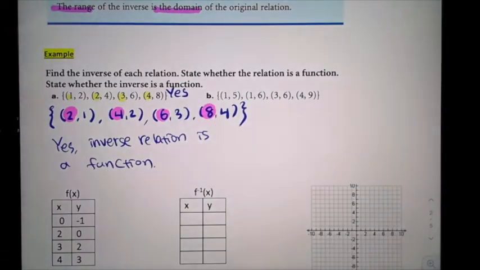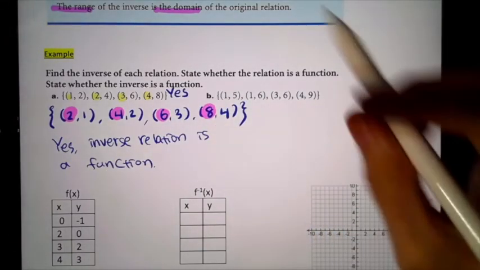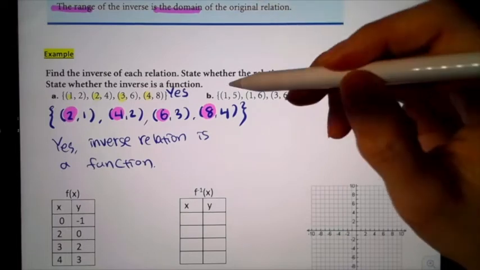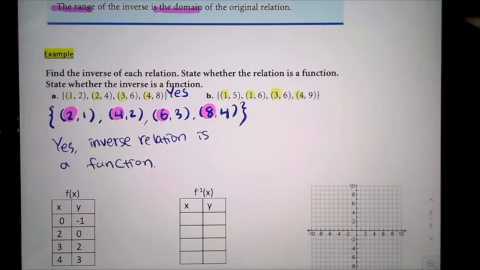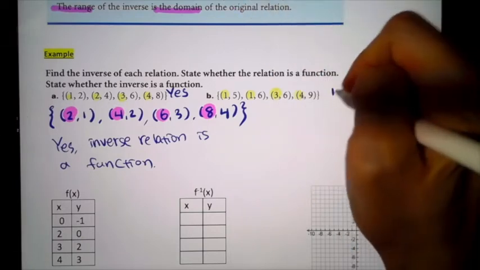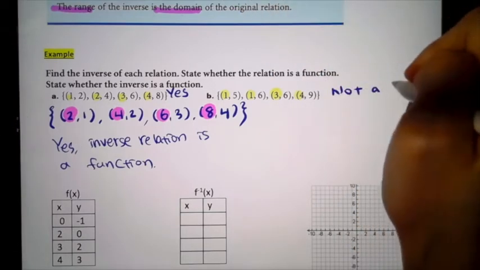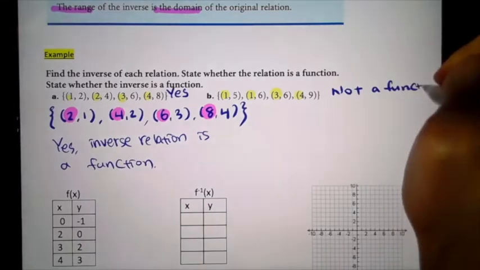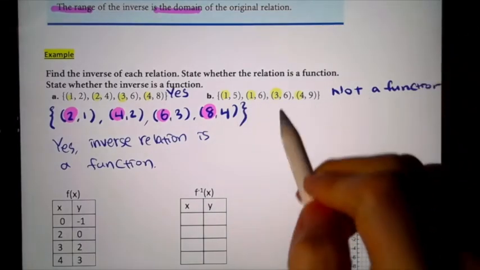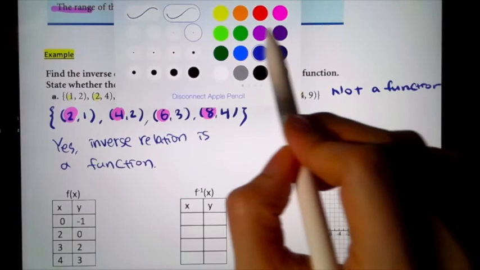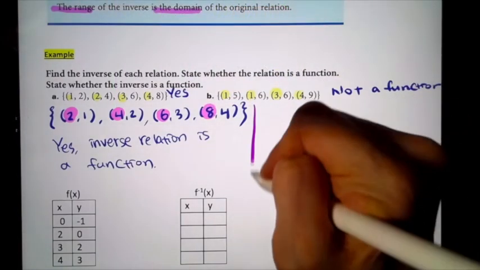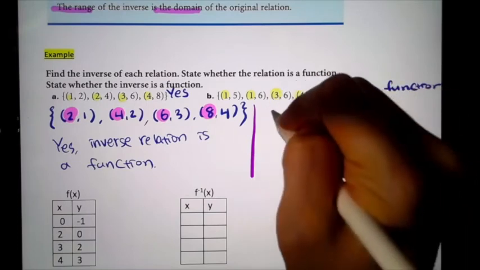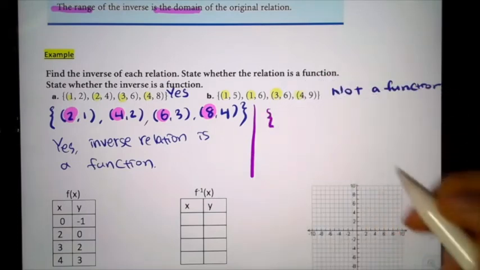Okay, and for B, let's figure out my original relation. 1, 1, 3, 4. So that's not a function, that's just a relation. So let's think about the inverse of that. For the inverse of B, you change your x and y, right?